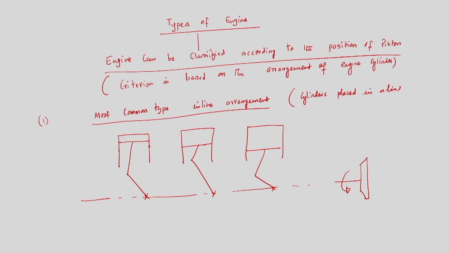So this is the most common type, inline arrangement, where all cylinders are placed in a line. We have discussed that if it is a multi-cylinder engine, then to reduce the power fluctuation, the arrangement is done in such a way that when power stroke is occurring in one cylinder, there are idle strokes in other cylinders. In that way you can redistribute power and power fluctuation can be minimized.